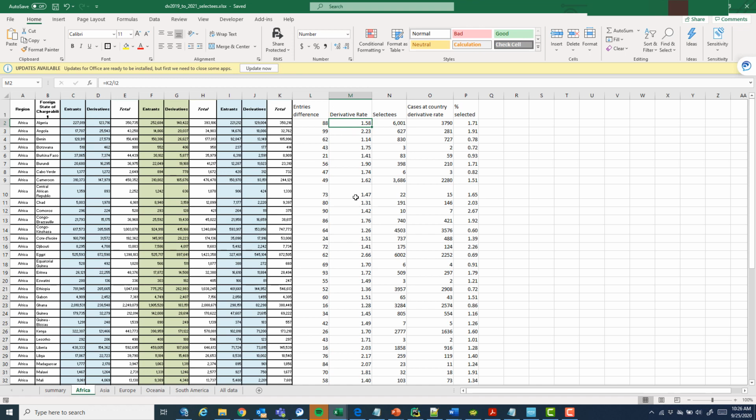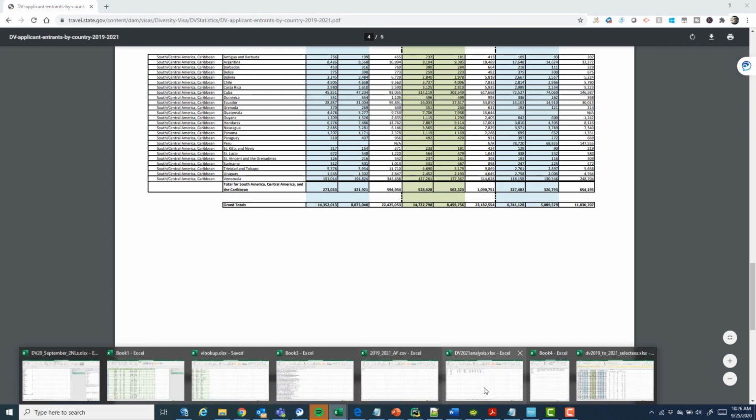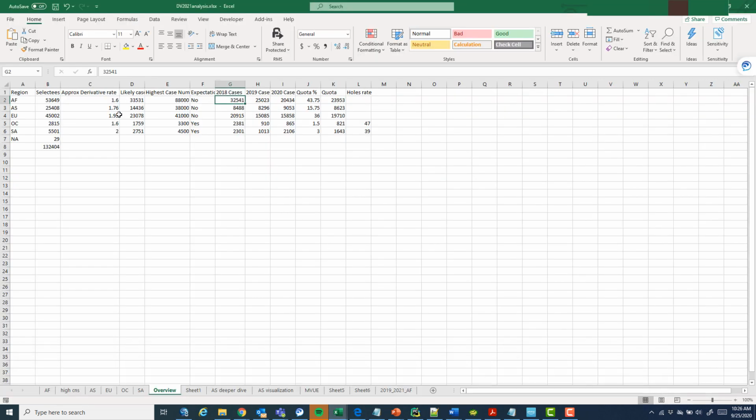So you've probably heard me before talking about derivative rate, and in fact, if you look at one of my earlier spreadsheets, which is this one, I've gathered a bunch of data, and I predict the number of cases for each of the years, right? So the number of 2020 cases, etc., the number of 2021 cases I expect based on the derivative rate.